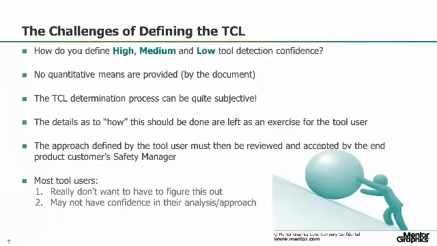So the challenges are defining the TCL level. So how do you define high, medium, and low for the TD level? There is no quantitative mechanism specified in the standard, and so TCL determination is currently quite subjective, and the details of how you define that level is left to you, but ultimately you need to have your decisions reviewed and accepted by the product safety manager.